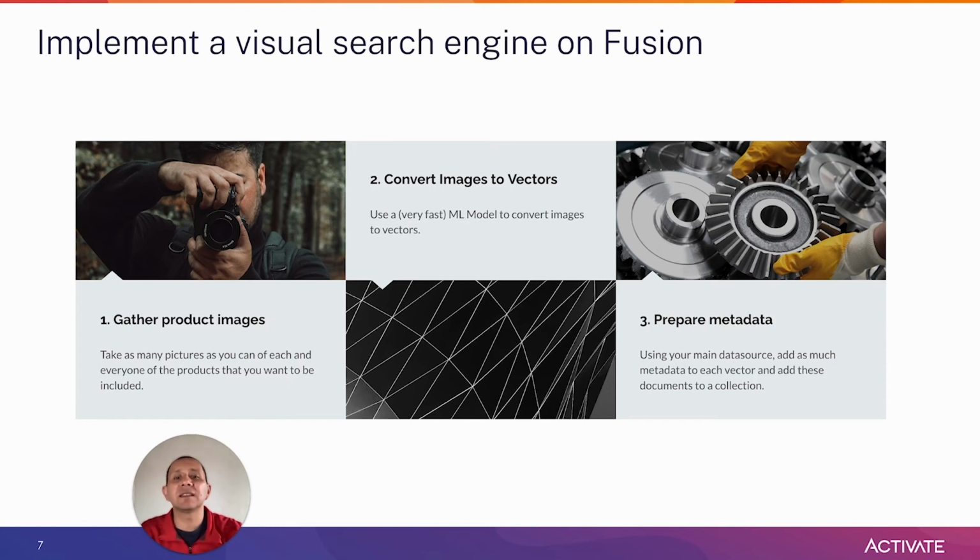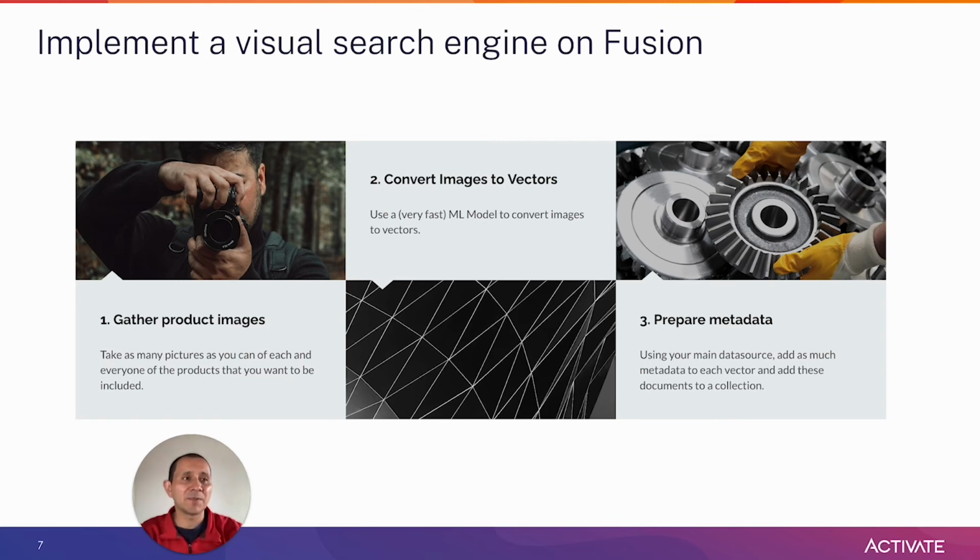So the first thing that you will have to do is take a lot of pictures of your catalog products. Then you will have to choose a machine learning model that will help you convert those images into those vectors. And that has to be fast, because if you have hundreds of thousands of images, that may take some time. So just make sure that it is fast.